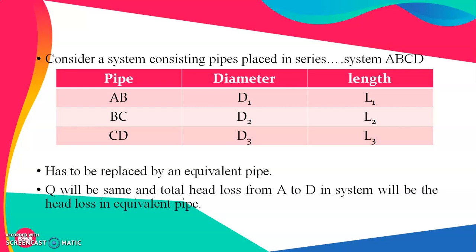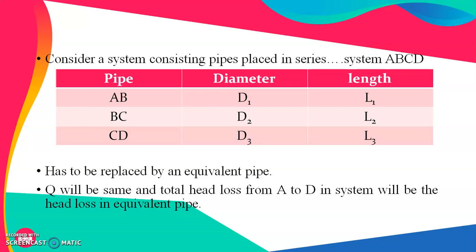The diameter of pipe AB will be D1 and its length will be L1. That of pipe BC will be D2 and L2, while in case of pipe CD, the diameter is going to be D3 and length is going to be L3. So this is a simple example we are going to consider to understand how the equivalent pipe is used.